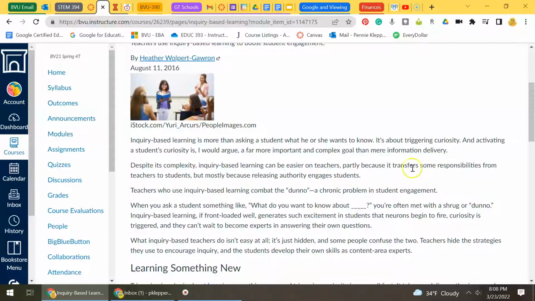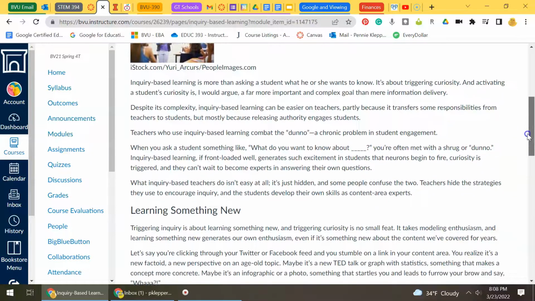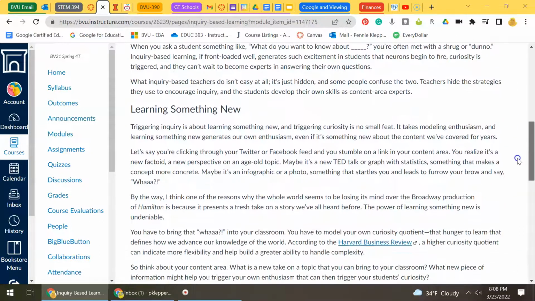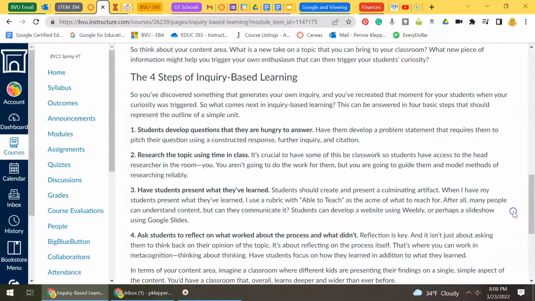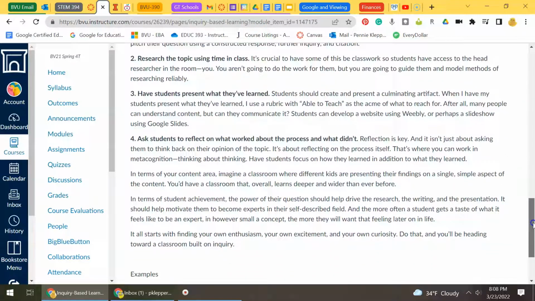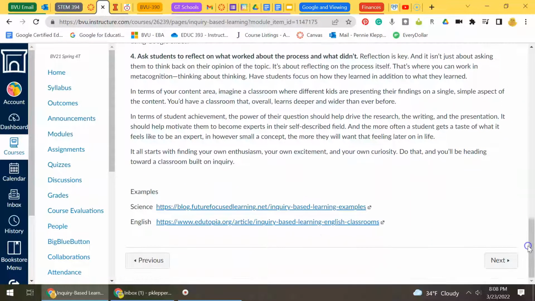If you look at this, it transfers some responsibilities from teachers to students. The most important thing it does is it engages students as well. So as you read through this, continue to take those notes, and then look at the 4 steps of inquiry-based learning. Hopefully you remember some of this from the wolves.